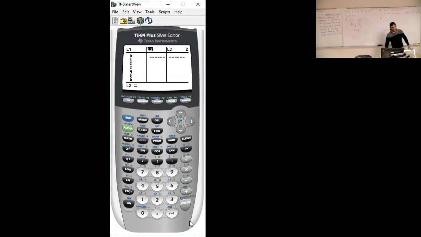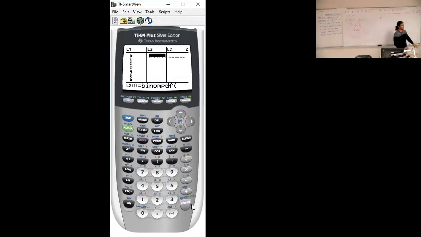Over to L2, equals second, and go to binomial PDF.